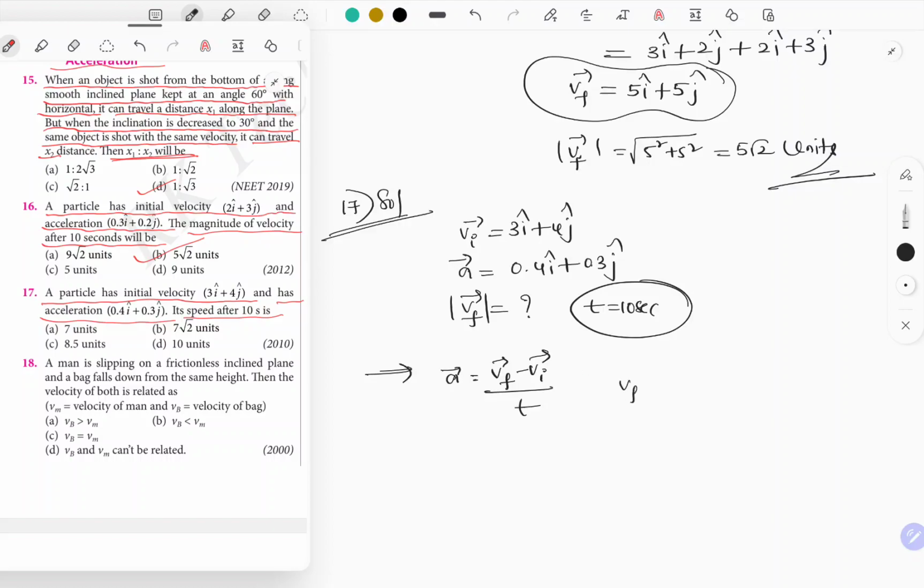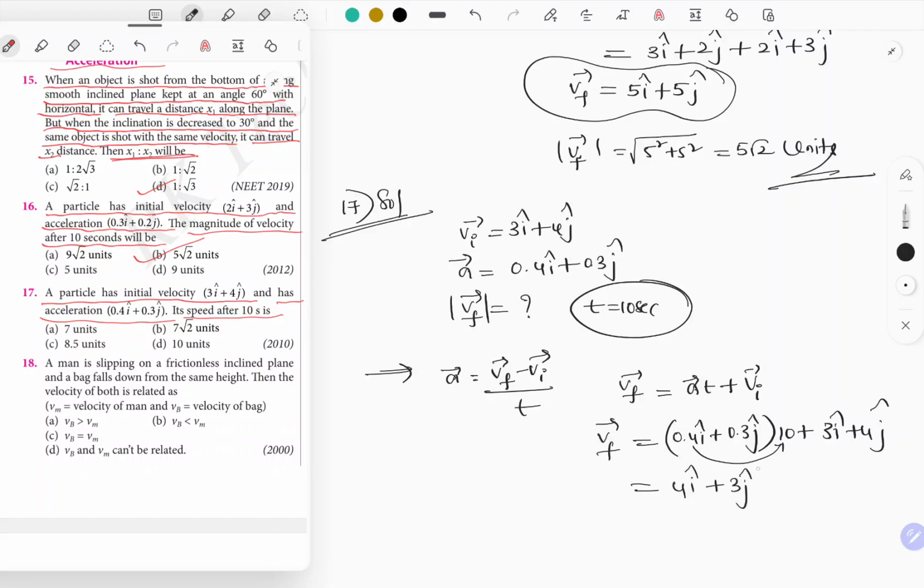So from this, v final is the same as earlier: a into t plus v initial. So v final is equal to 0.4 i cap plus 0.3 j cap into 10 plus 3i cap plus 4j cap. Multiplying this with 10, you get 4i cap plus 3j cap.